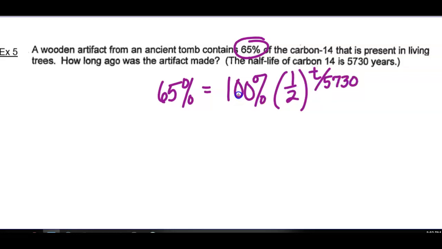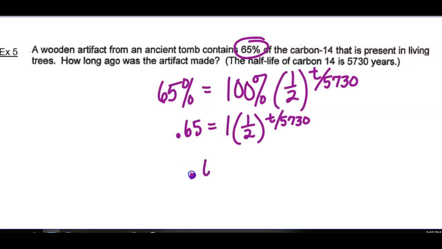All right, we can get rid of the percents by switching over to decimals. Then as soon as we divide by 1, we have 0.65 still. 1/2 or 0.5 to the t divided by 5730.